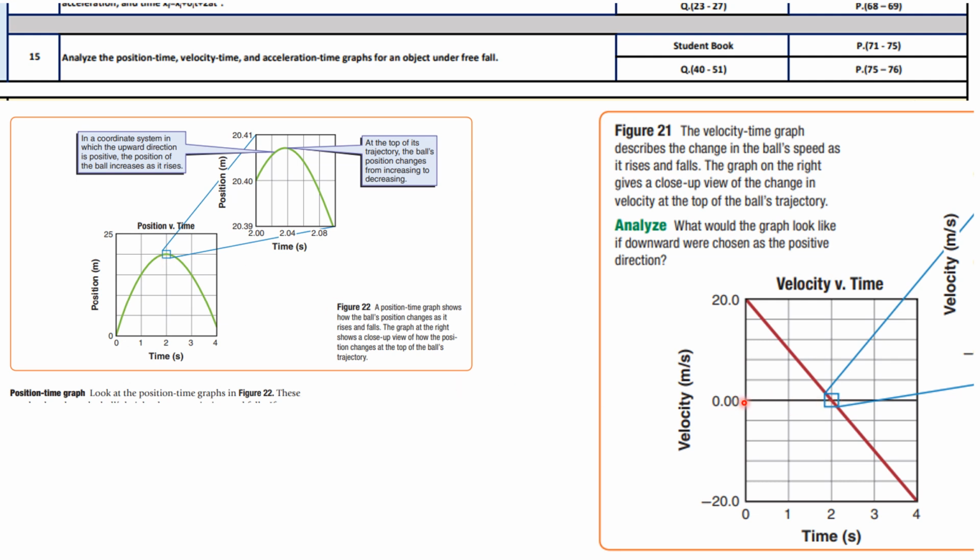This means here the velocity has to be 0. So this square represents also this square. They are the same, but that's for the position-time graph, and this is describing the velocity-time graph. And then it starts to decrease. After that the ball starts moving in the negative direction.